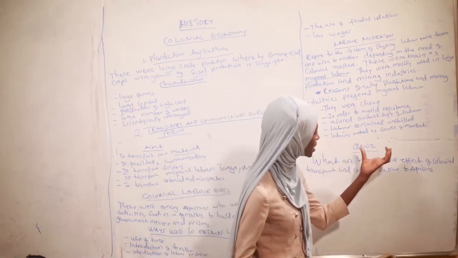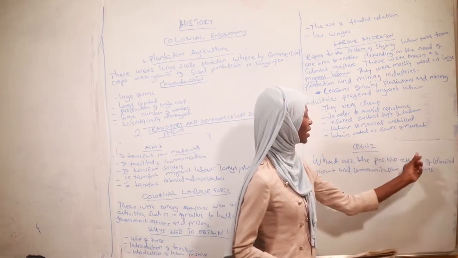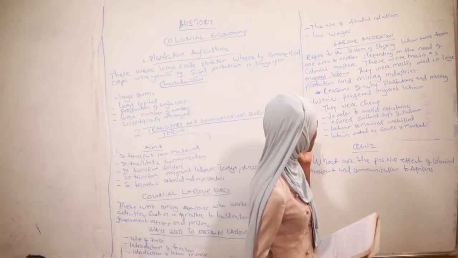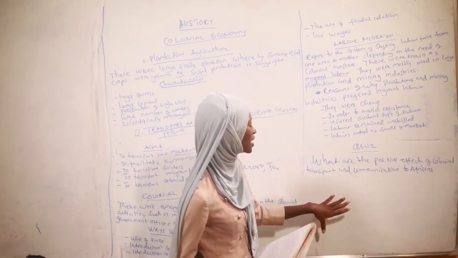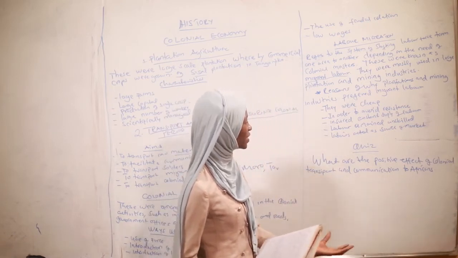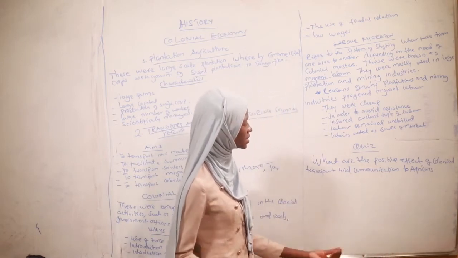Another, labor acted as a source of markets. Migrant labor was shifted from their homes and placed in a single area. They did not know the environment, they did not know where to get any of their needs.